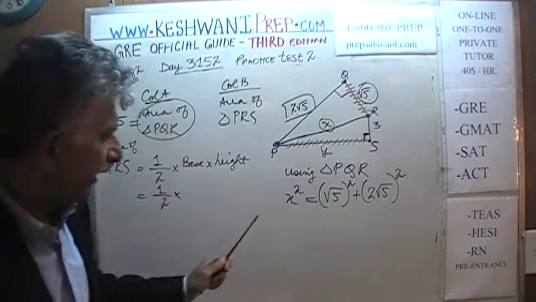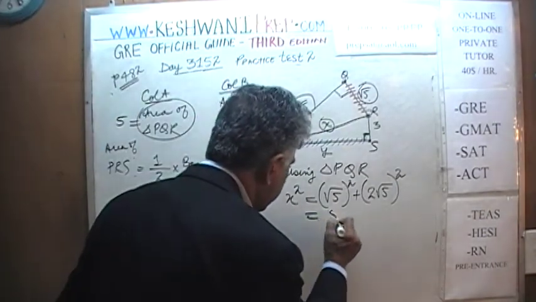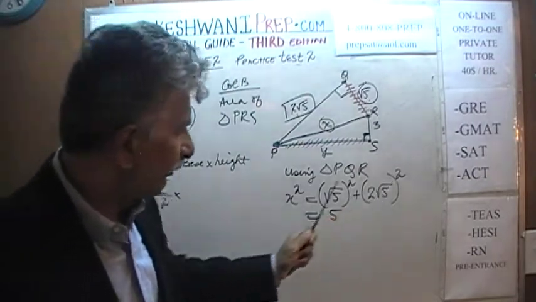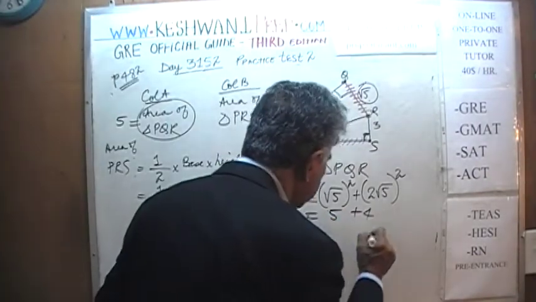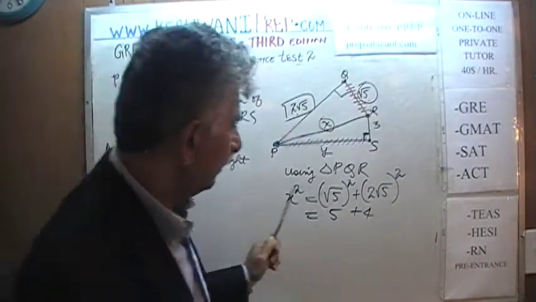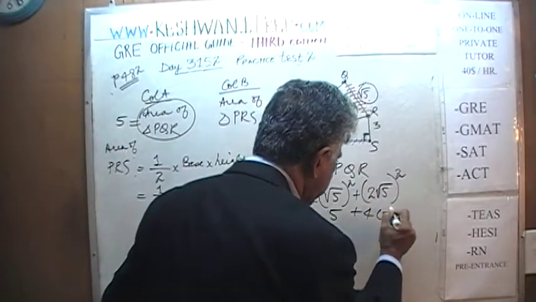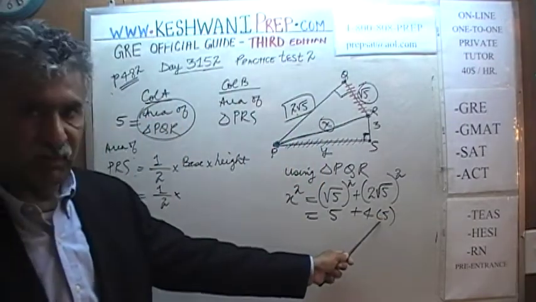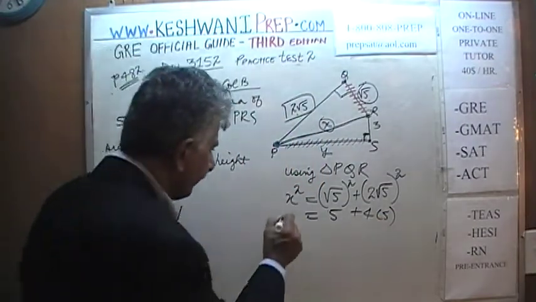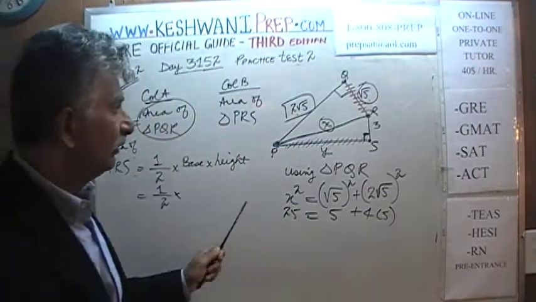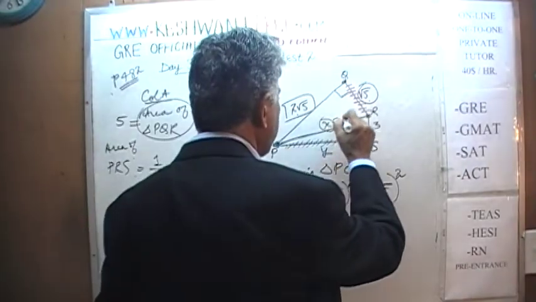Square of root of 5 is just 5. 2 squared is 4, and square of root 5 is just 5. So 4 times 5 is 20, plus 5 is 25, which means X is 5.